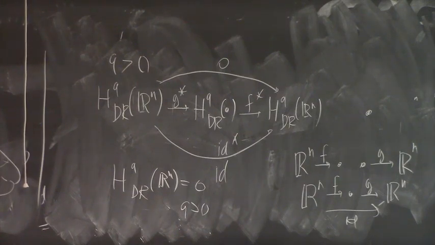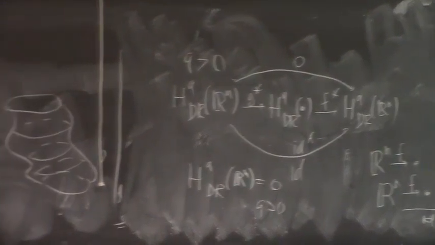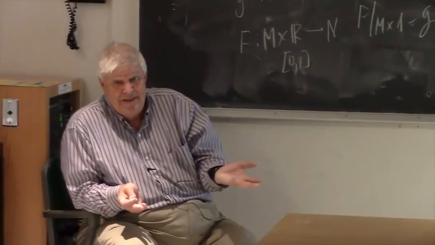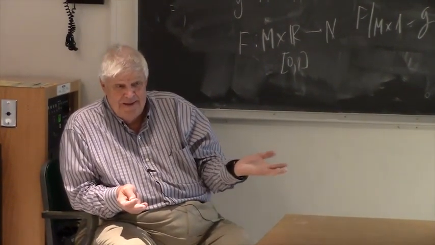H^q is the quotient of closed forms over exact forms. How is it possible that the quotient is 0 between two spaces? Again, it's possible only in one case, when you factorize the space over itself, right? If you factorize the space over anything smaller, the quotient will not be 0.